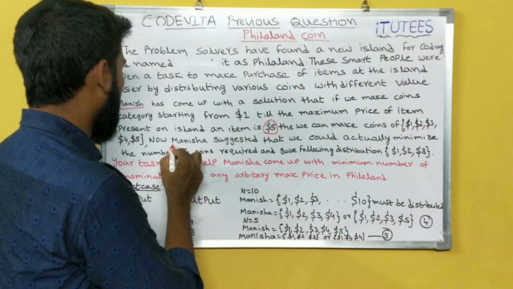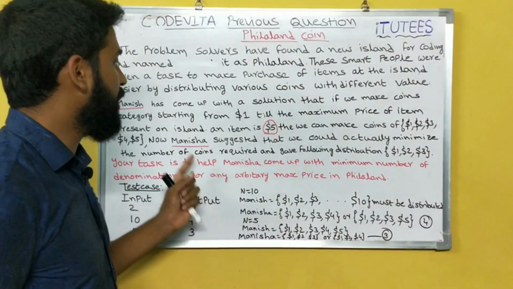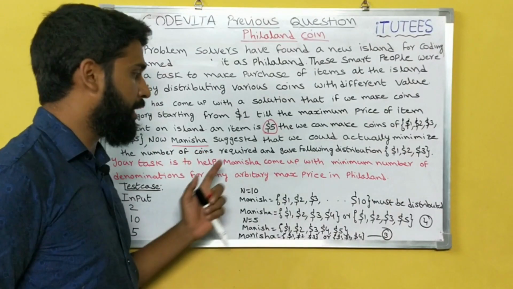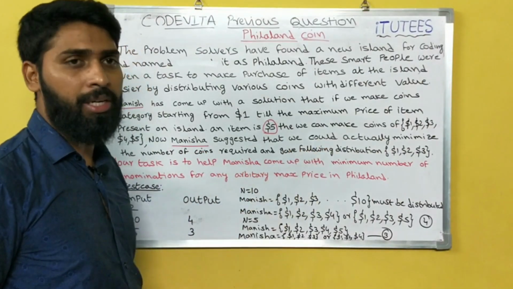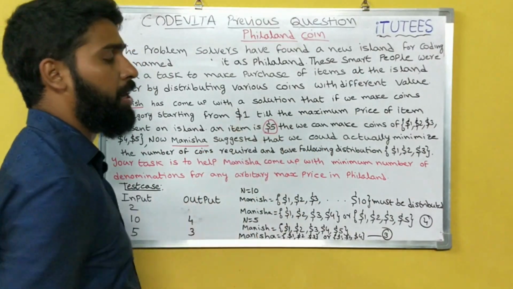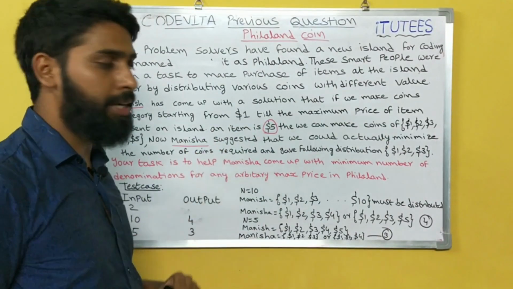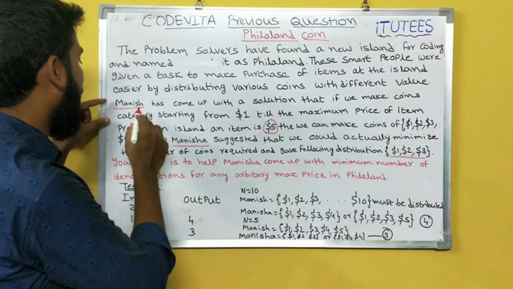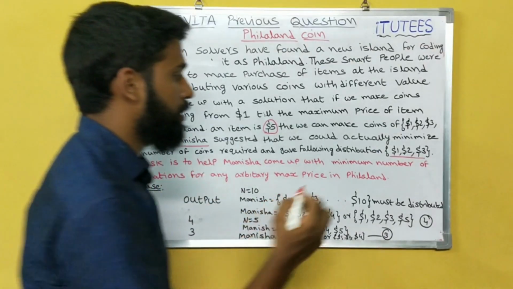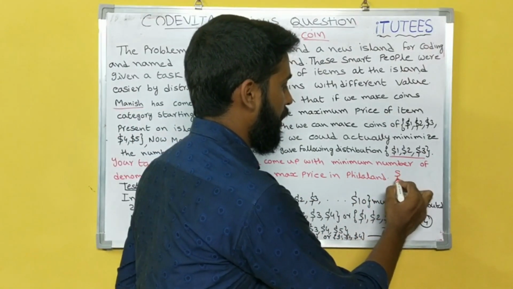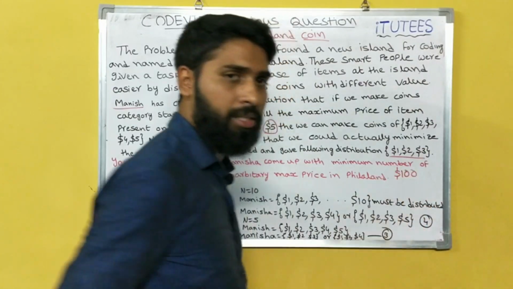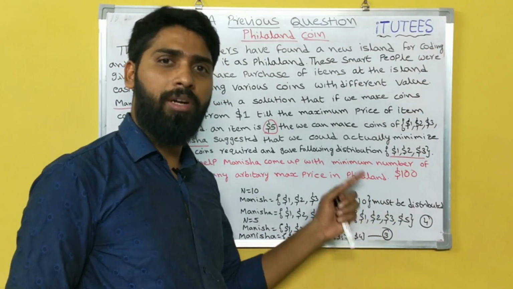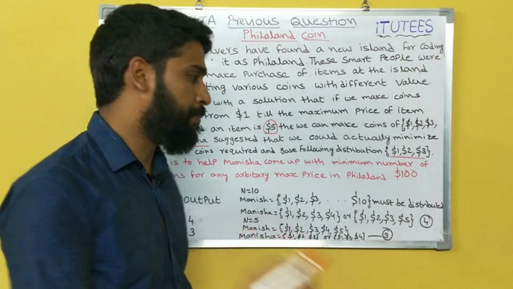Another one, Manisha, suggests that we could minimize the number of coins required and give the following distribution. For a $5 price item, these coins are enough. For example, if the item price is $100, as per Manish we are going to make coins $1, $2, $3, $4 up to $100.